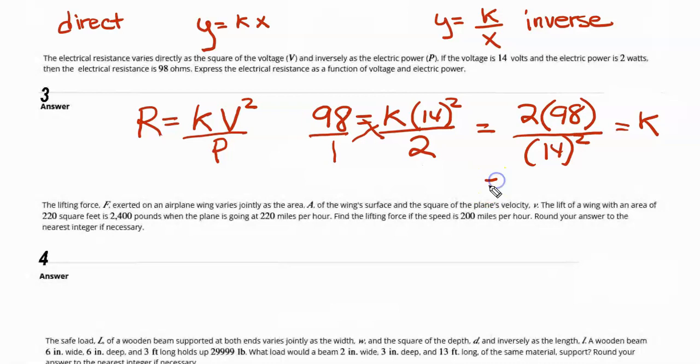So this works out to be 196 over 196. So our K value is 1. And again, you'd have to put that into the answer box and use the appropriate things to submit.